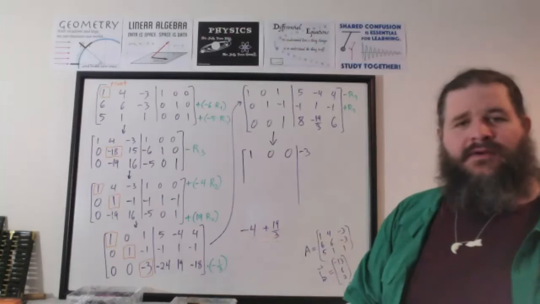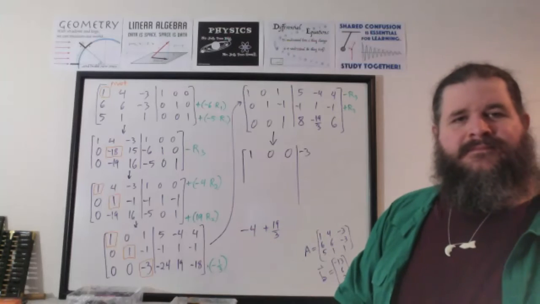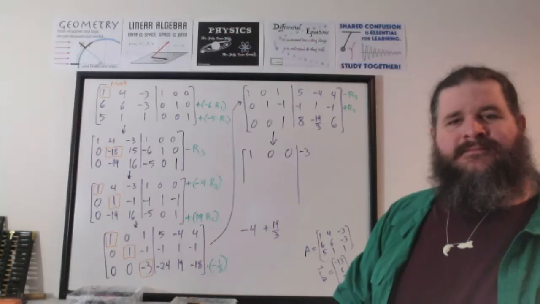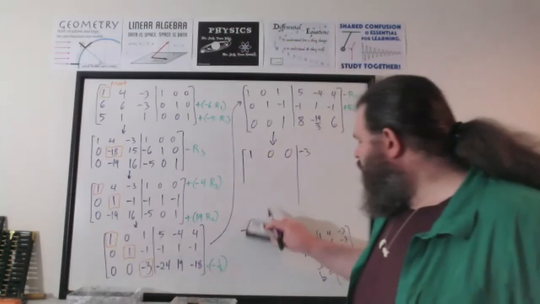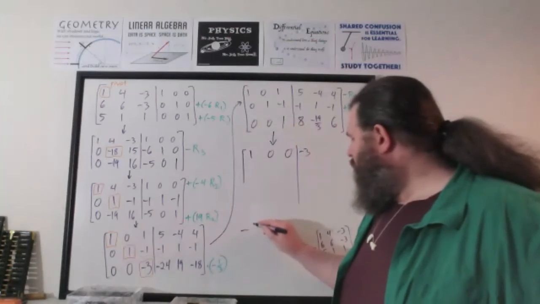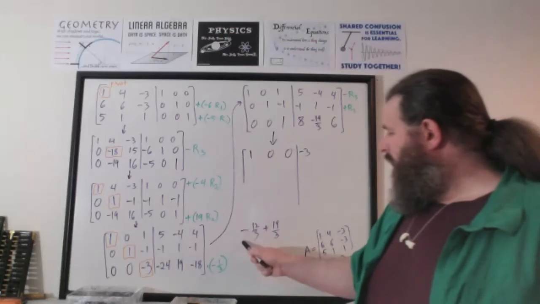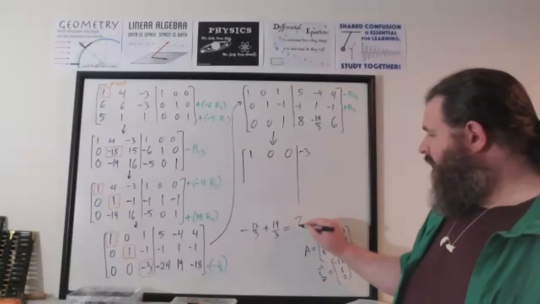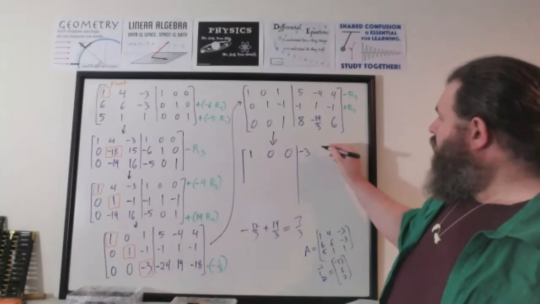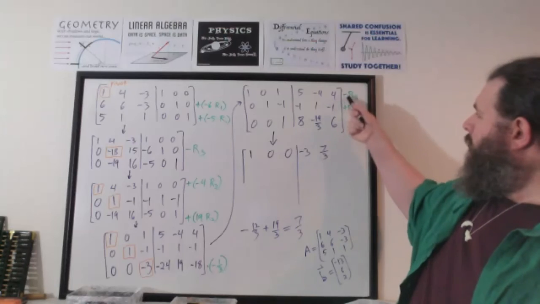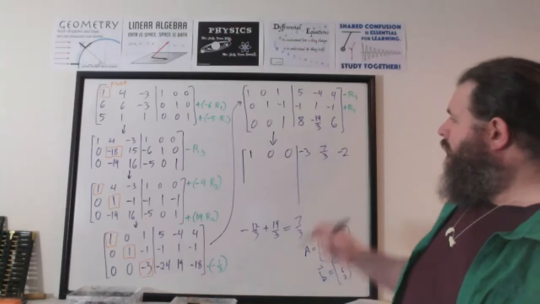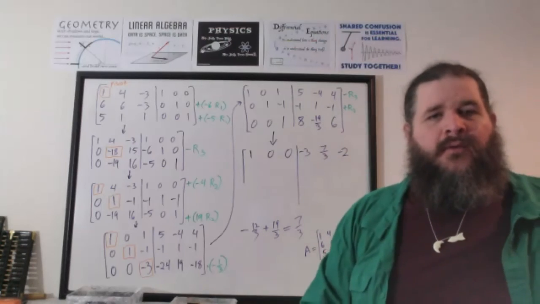So what's 4 in thirds? 12. Yeah, 12 thirds. So -12 plus 19 would be 7 thirds. So that's this middle number here, positive 7 thirds. And then 4 minus 6. So that's our first row.